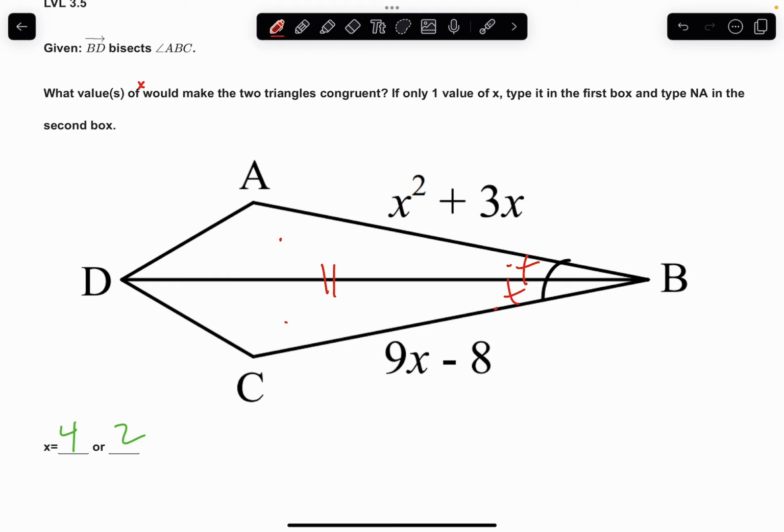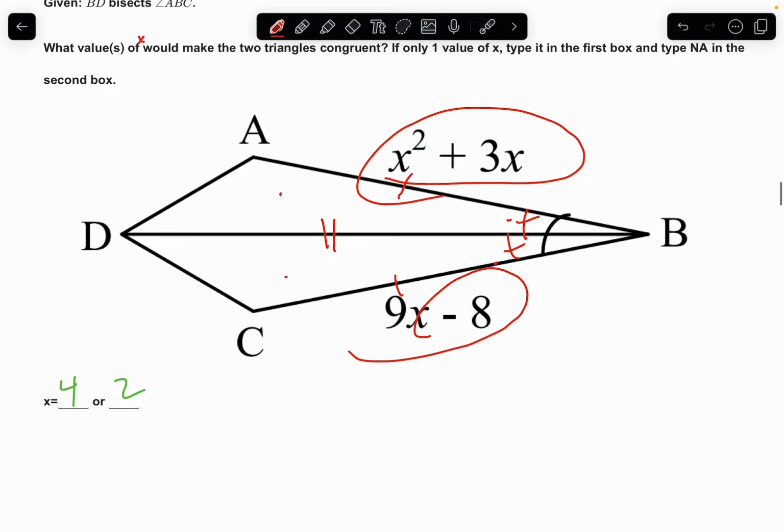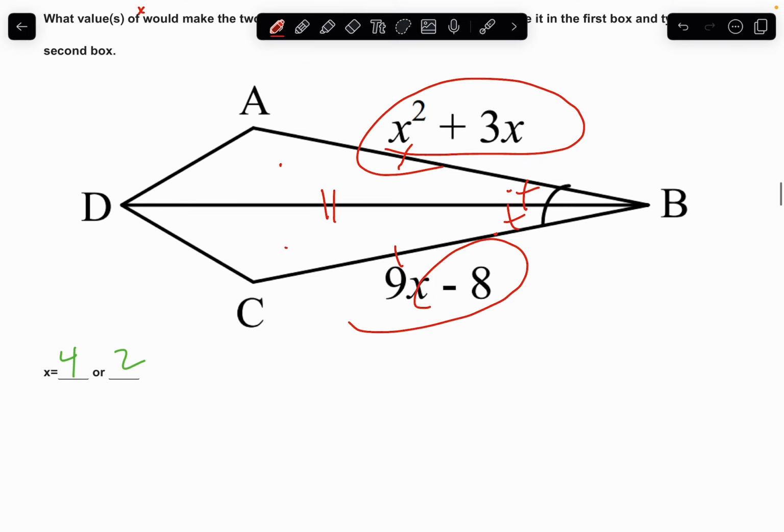They have this angle. So if these two sides were equal, then the triangles would be congruent. So I need to set those two sides equal. X squared plus 3x needs to be equal to 9x minus 8. If they were equal, we would have side, included angle, side. That we would have side angle side.